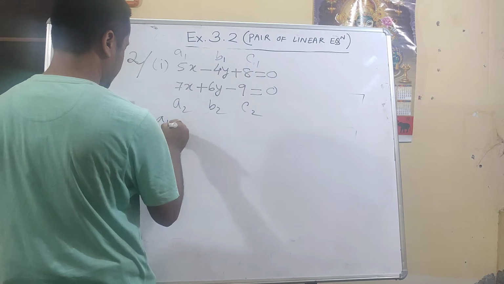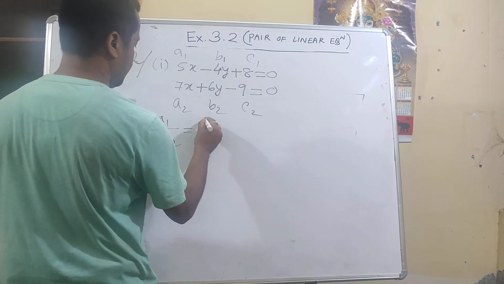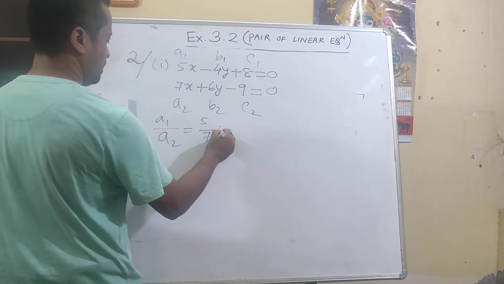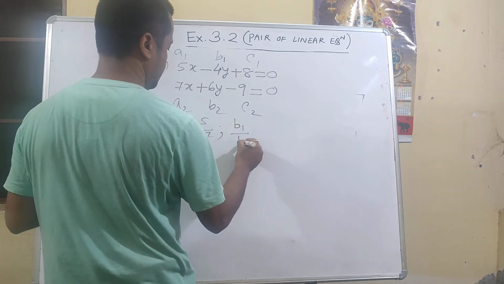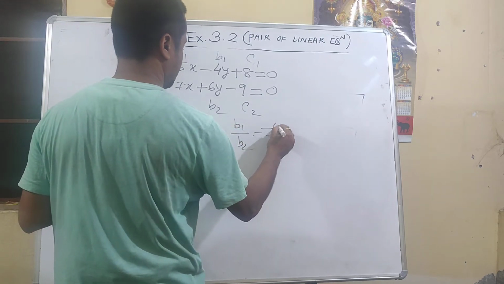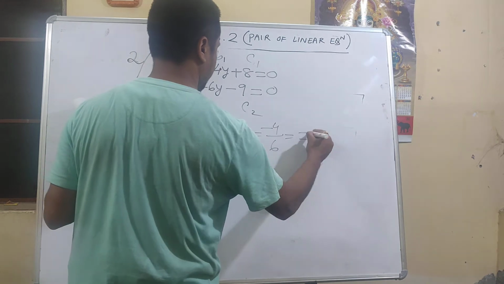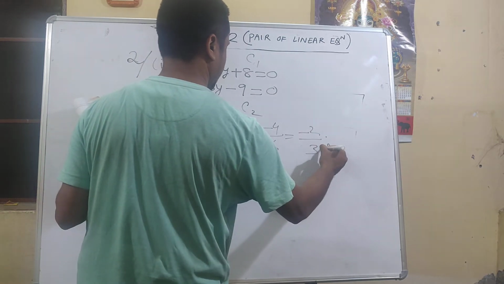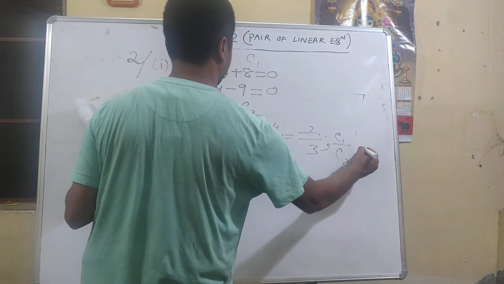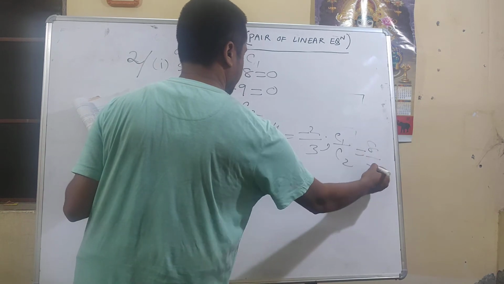Now check A1 by A2 is equal to 5 by 7. B1 by B2 is minus 4 by 6, that is minus 2 by 3, and lastly C1 by C2 is 8 by minus 9.